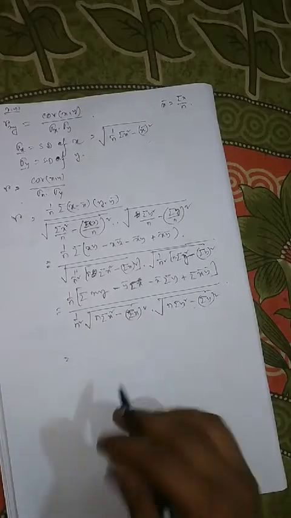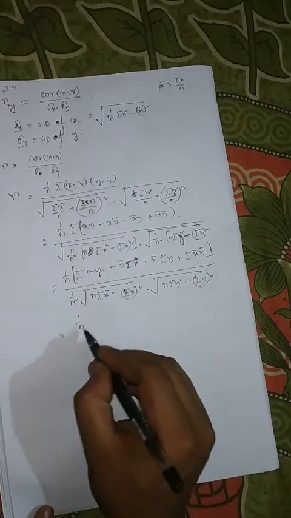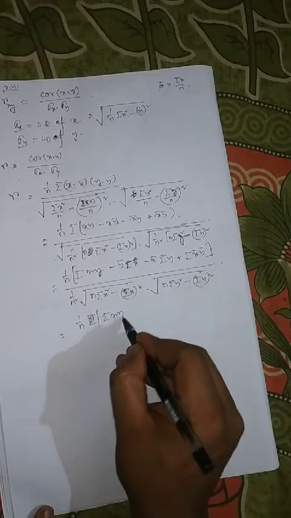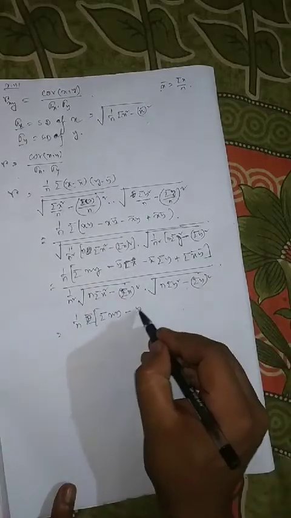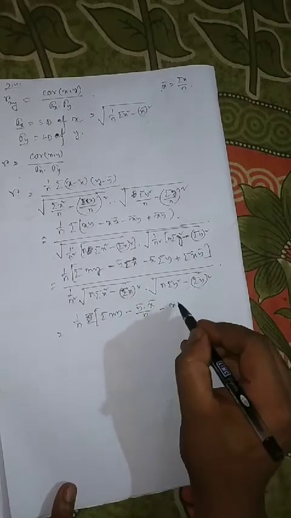Okay, so now as we know, x bar equals summation x by n. If we put this, we will get summation xy minus y bar into x bar by n.